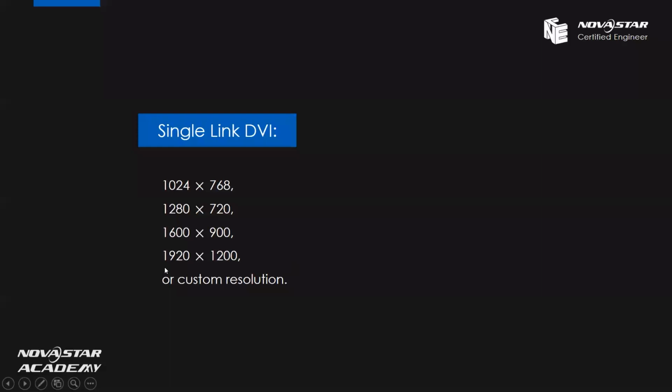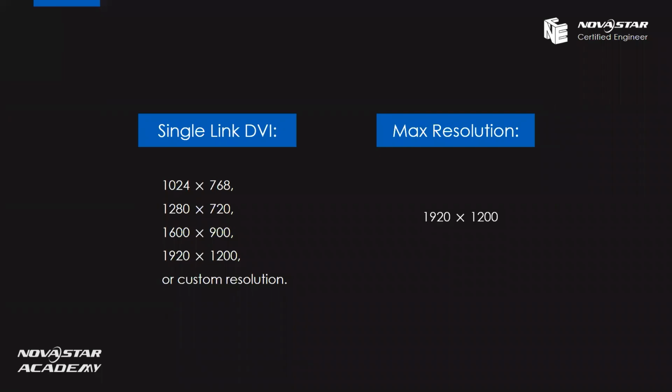From this, the max resolution of single-link DVI is 1920 by 1200. After calculating, it is about 2.3 million pixels. So that's why the loading capacity of the 4 output controller is 2.3 million pixels, because of the limitation of the input resolution.